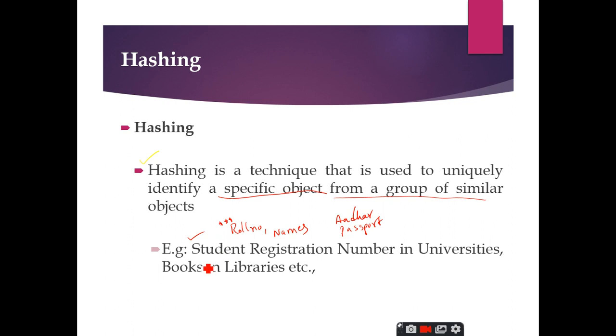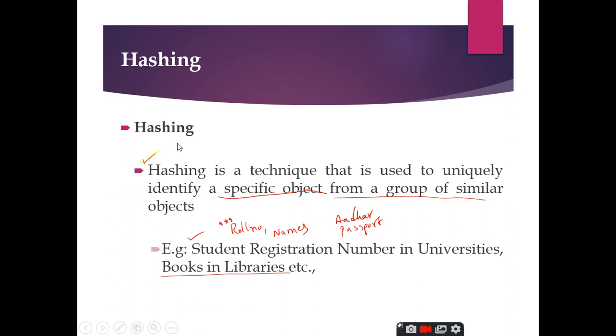Similarly, for books in libraries, you have an accession number, by which you can identify a particular book uniquely from the set of books available in the library. So the technique we use to identify a particular object uniquely from a group of objects, we call it hashing, right?